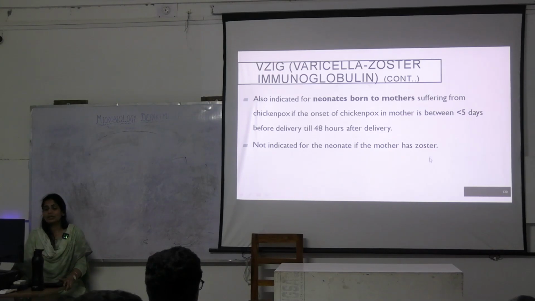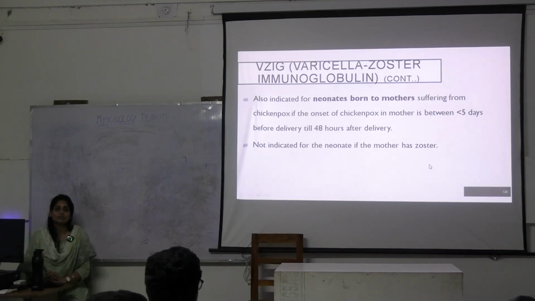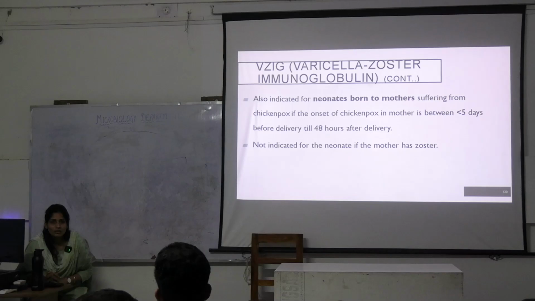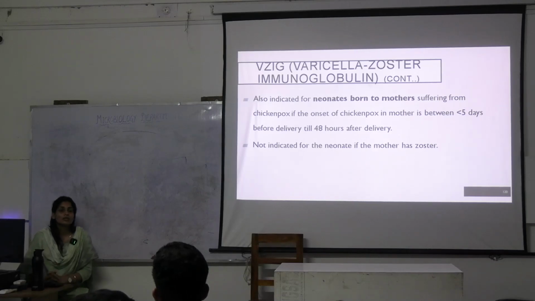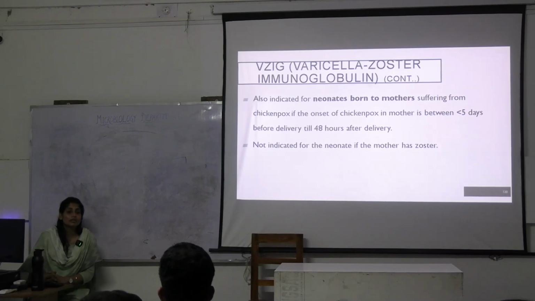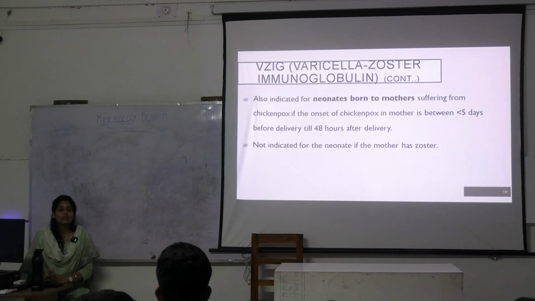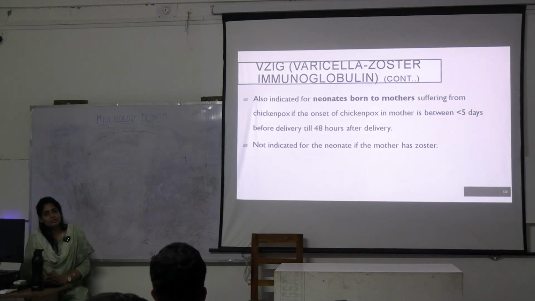If the mother is already infected, why are you not giving it? Why will you not give immunoglobulin to the neonate if the mother is infected with chickenpox? Loudly. The neonate will carry the antibodies from the mother, no? Right?